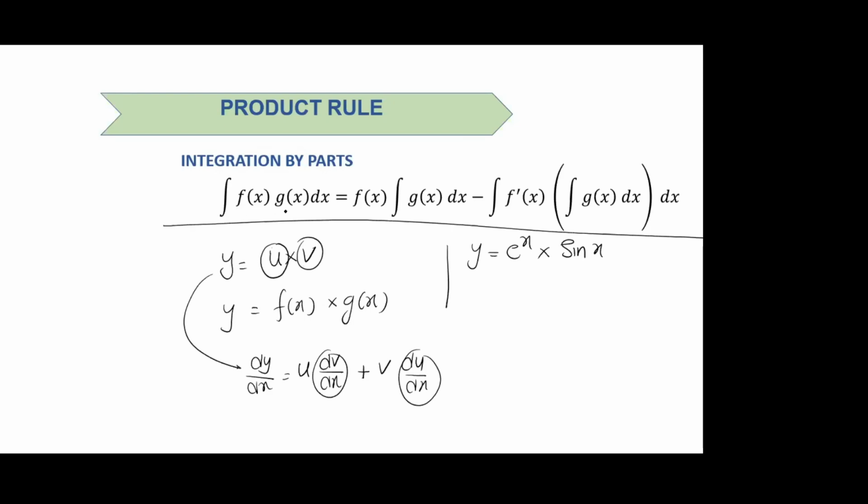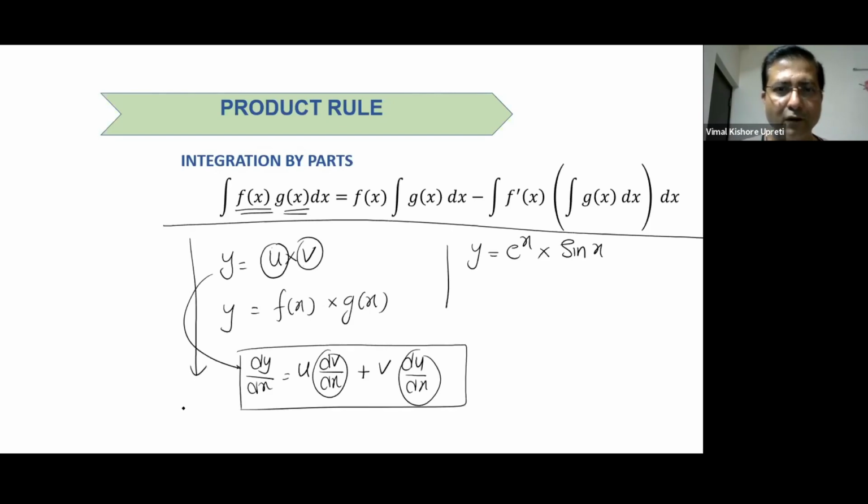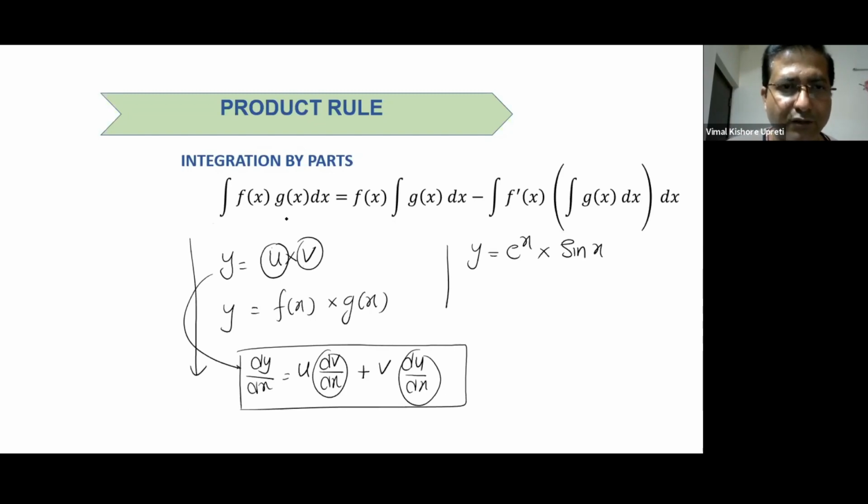Same way, if we want to integrate two functions in product form, this is the rule for differentiation, right? So for differentiation we have one rule. Similarly, we have one rule for integration. Right now we are not getting into the derivation of this. We need to understand how to integrate such functions.